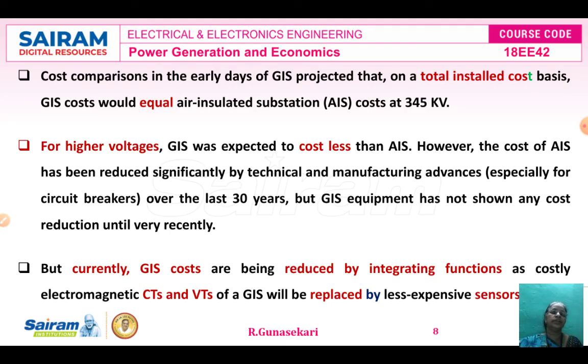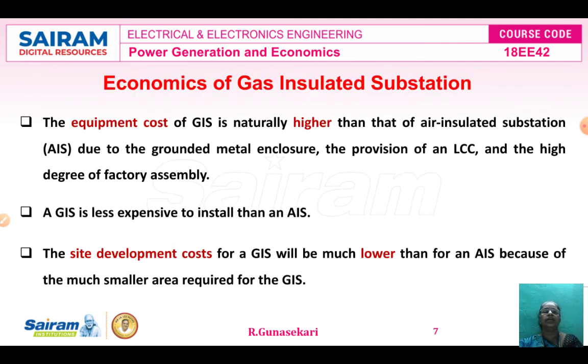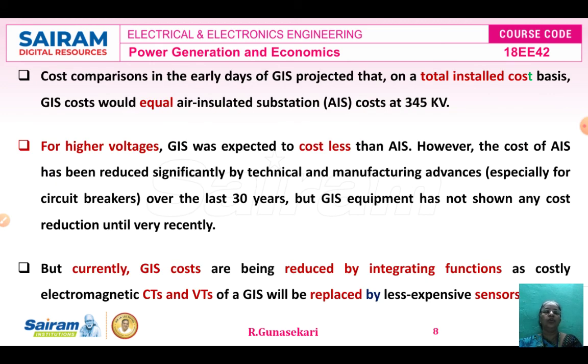Dear student, the economics of gas insulated power systems: the first is that equipment cost is high, installation cost is less, site development cost is low, and the total installed cost is equal to the air insulated substation.